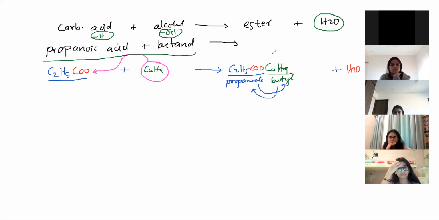Why? Because even in the salt we know, in the salt we say sodium ethanoate, magnesium propanoate, etc. So anion of the acid will come later in the name. So name of this ester is butyl propanoate.